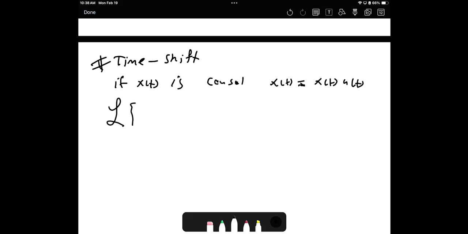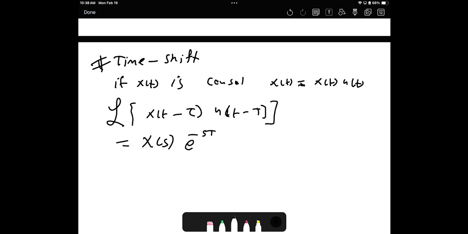Laplace transformation of x of t minus tau, u of t minus tau, will be X of s times e to the power negative s tau.